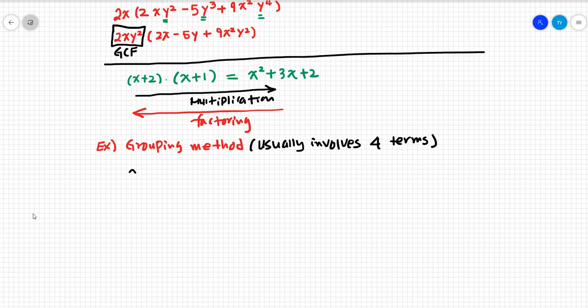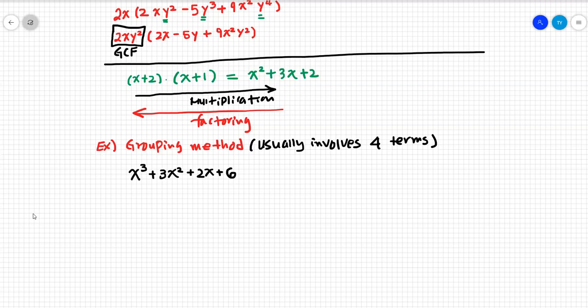So here's x cubed plus 3x squared plus 2x plus 6. What we're going to do here is pair them. You got 4 terms here. We're going to pair 2 and 2.